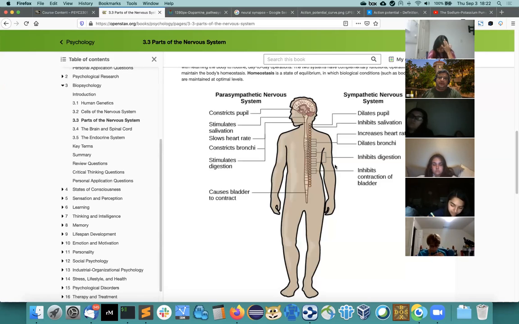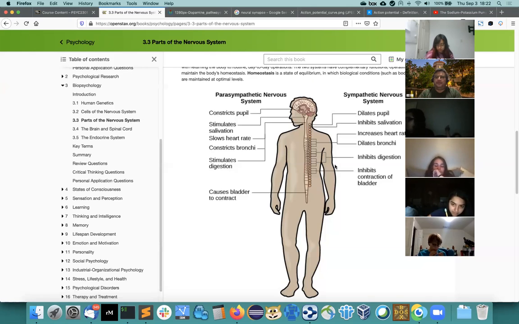Your ability to have an orgasm and do all of the wet squishy things that we do in sex, right? That's all controlled by the parasympathetic nervous system. And it also causes the bladder to contract. So the parasympathetic nervous system is what helps you take a piss, right? Whenever you release pee, it pumps it out, right?